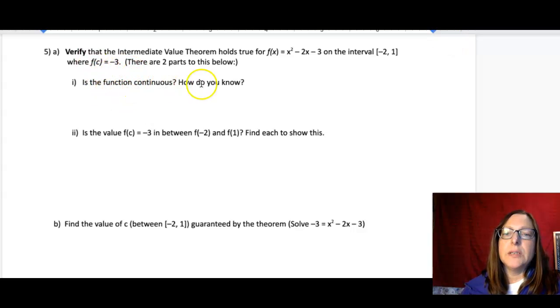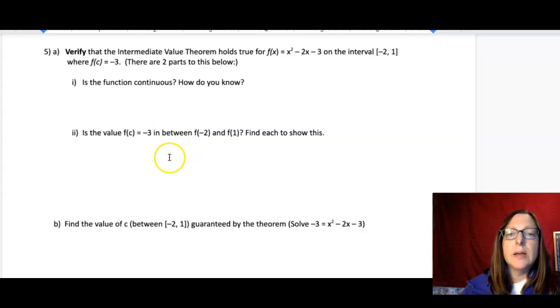All right, first, is this function continuous? Sure, all quadratics are continuous. There's no problem with any number, like making a 0 in the denominator, nothing at all. And let's find out the value at -2. Plug in -2. And don't forget, again, use parentheses.